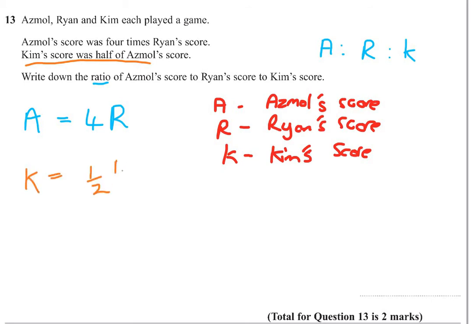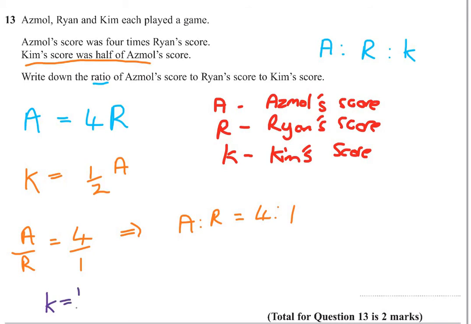Now, how can we put this into ratio form? Well, we can say that A divided by R equals 4 divided by 1. So this tells us that the ratio A to R equals 4 to 1. Okay, and secondly, we can say that K equals a half A, but A equals 4R.